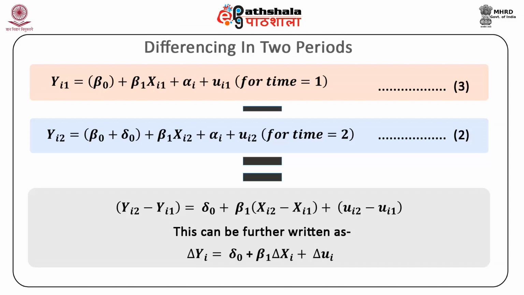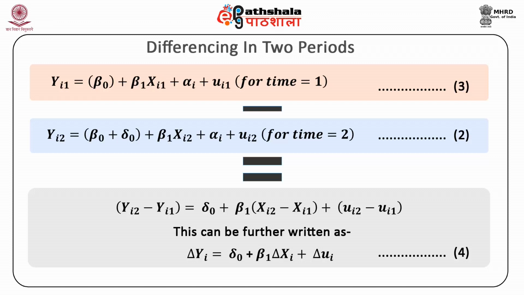This is our equation 4, where this triangle is delta and denotes the change from t = 1 to t = 2.